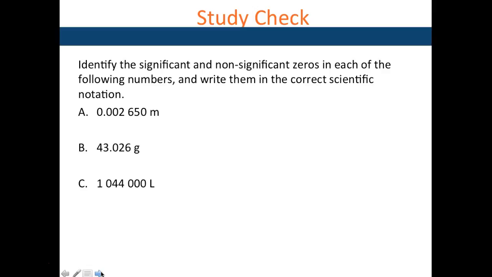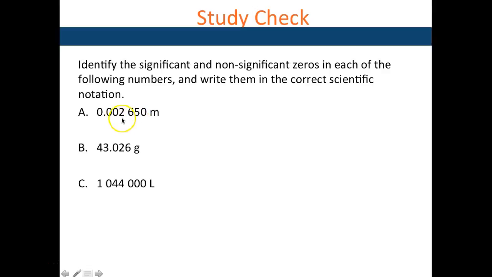Identify the significant and non-significant zeros in each of the following numbers. These zeros are placeholder zeros, therefore this number has 1, 2, 3, and 4 sig figs. This 0 is significant, it's coming after a non-zero digit in a really small number after the decimal point.